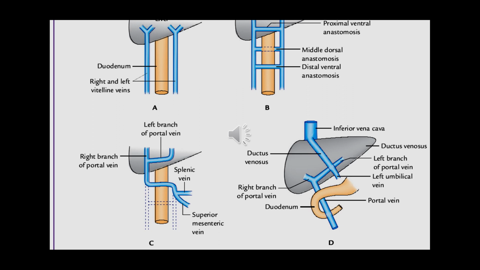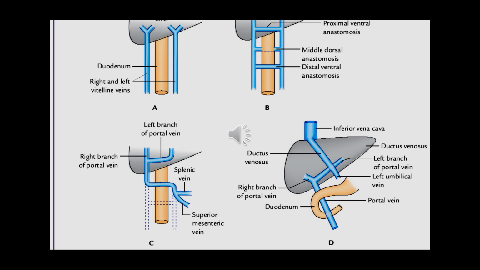So now the portal vein is formed by splenic and superior mesenteric veins, number one, and then it is crossing behind, involving the dorsal venous anastomosis and the right vitelline vein up to the liver, where it will divide into two.